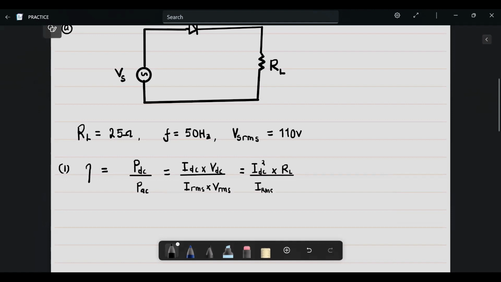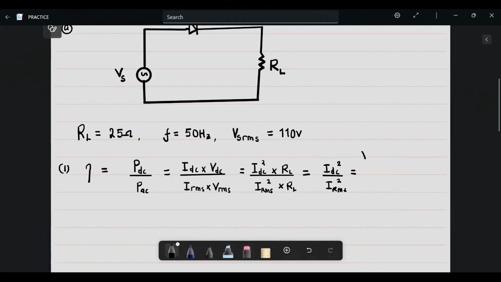I'm just giving you different forms of this equation, okay? So you notice that the RL and RL will cancel out. So you can find the efficiency by just having the DC current squared over the RMS current squared. This is also the same case.